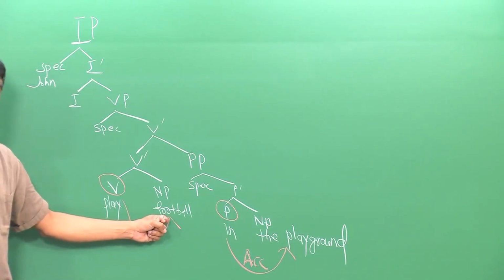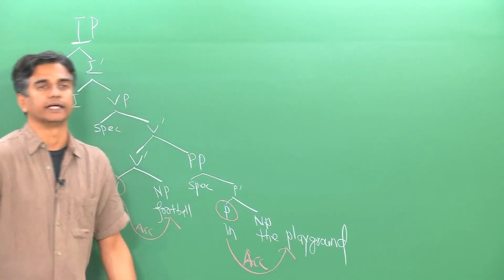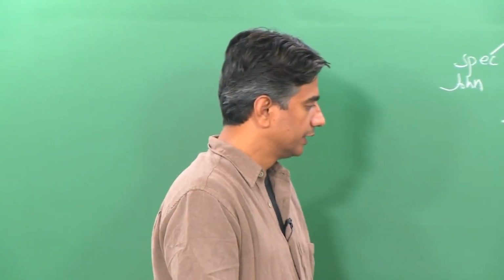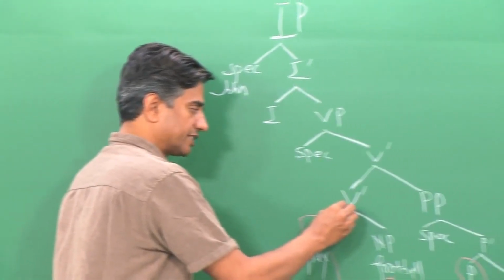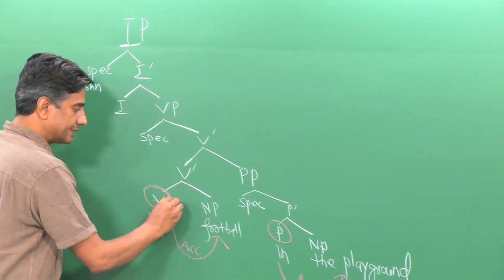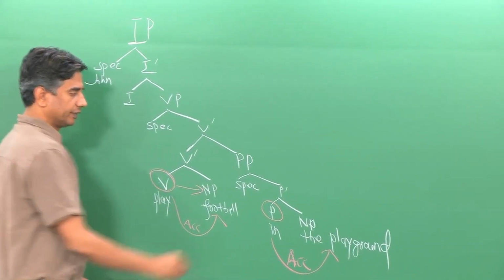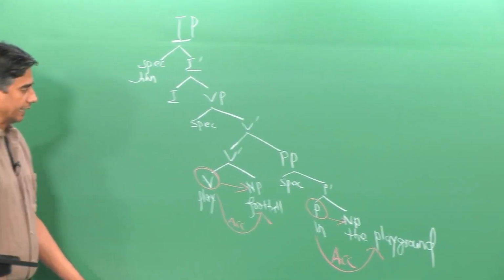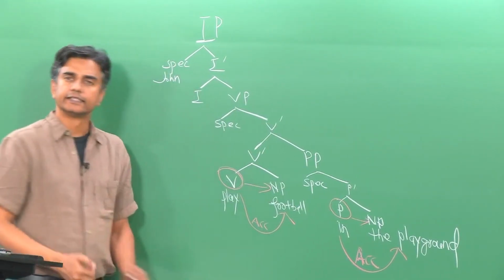We have found a governor for the NP football and the NP the playground, and therefore they assign cases to them. The extended understanding of this, which I will briefly mention, is that, as we have also mentioned earlier, this head C commands this NP, which is its complement, and it also governs this.